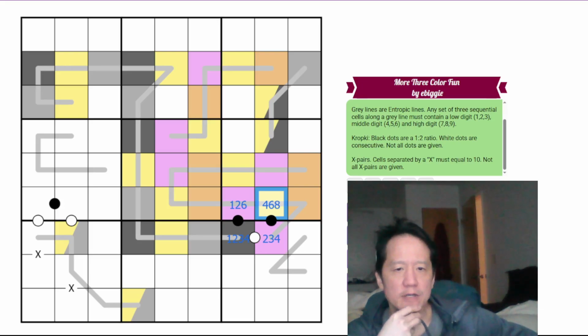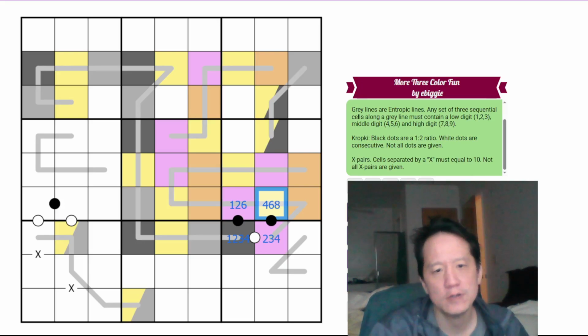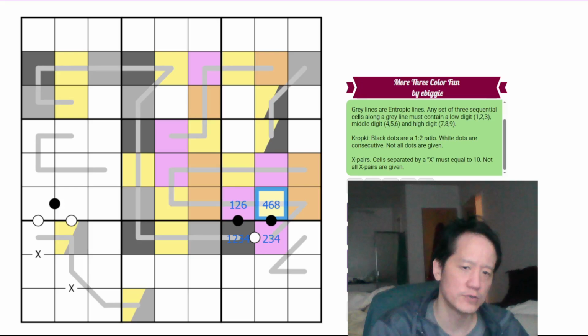So either pink and orange, pink and dark are the same, right? Or pink is low. Pink and dark are the same, or pink is orange. Or sorry, pink is medium gray.